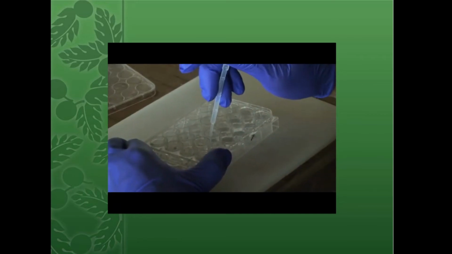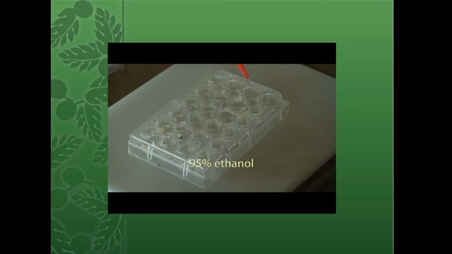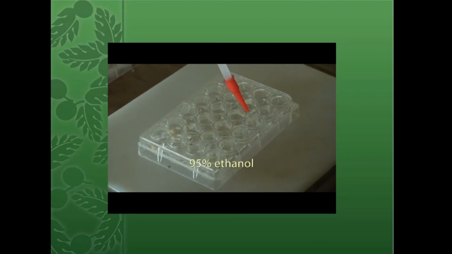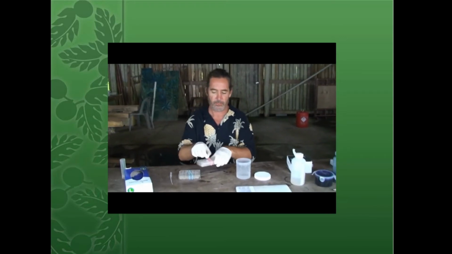And we'll continue the dehydration process by taking the subsamples through several changes of 95% ethanol. Allow the subsamples to sit in this alcohol for at least 20 minutes. Remove that change of alcohol.